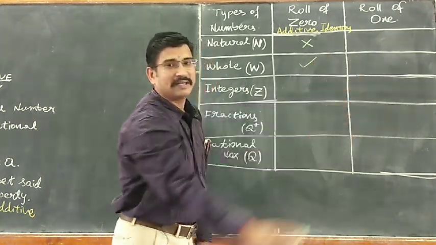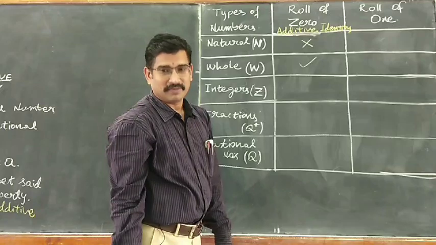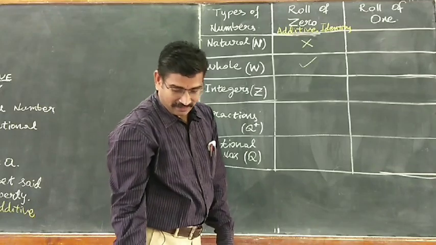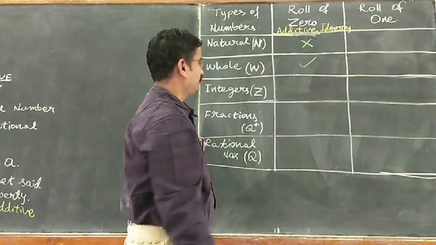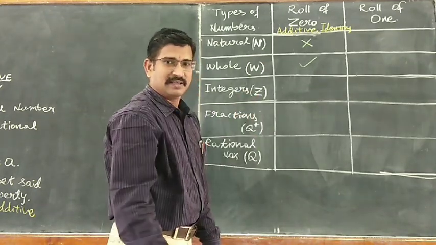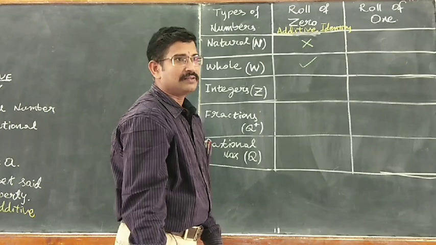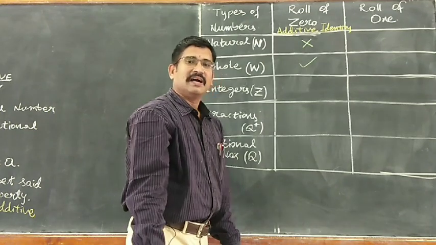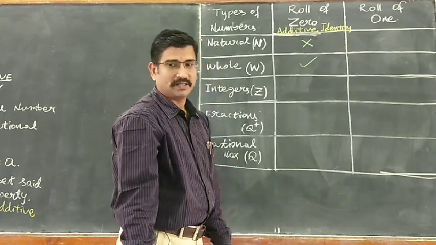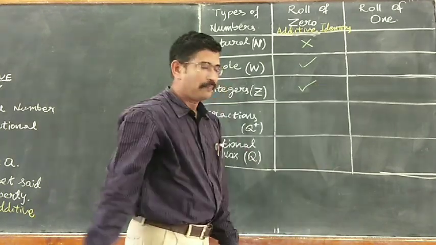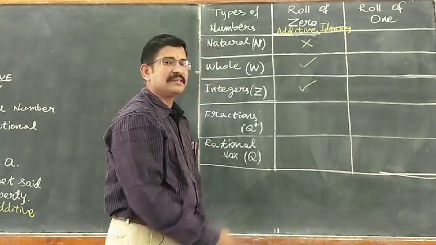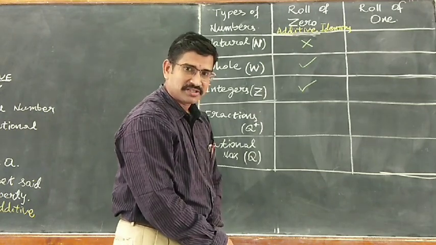So, additive identity for whole numbers is true. For integers, 0 is a part of integers, therefore, obviously additive identity property for integers is also true. Yes. For fractions, is 0 a part of fractions?